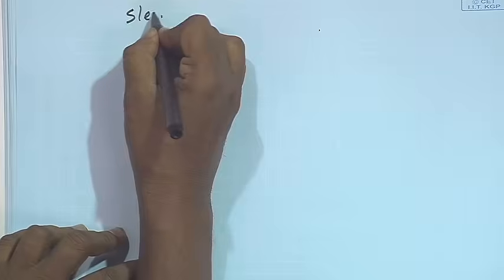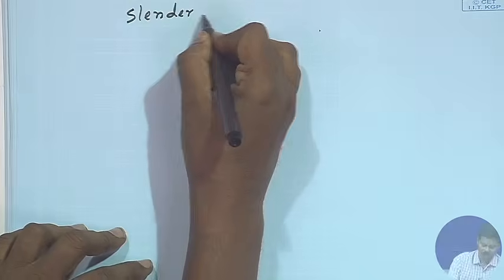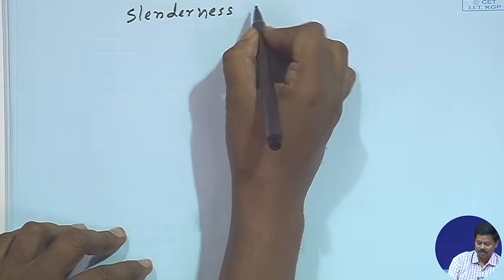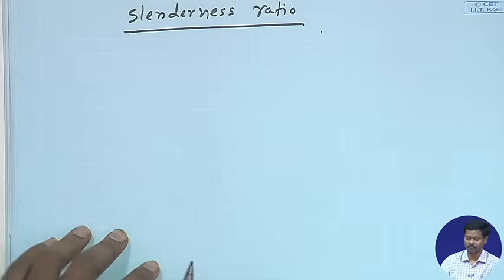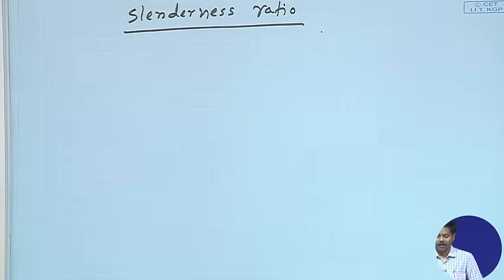Now, another thing we have to check, that is slenderness ratio. Theoretically, there should not be any upper limit of the slenderness ratio, because it is under tension.